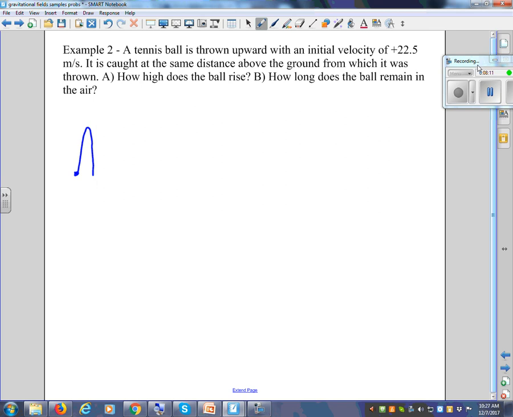So that 22.5, well, that's actually the initial velocity. Anything else that we know? Again, we know we don't know the time, do we? We do know the acceleration, you're right. Minus 9.8. Anything else, Trent, that we know?